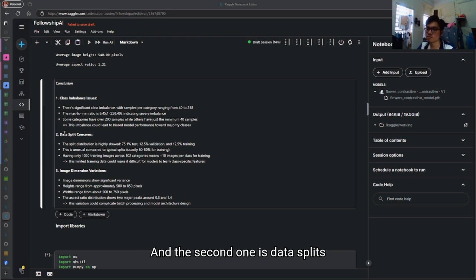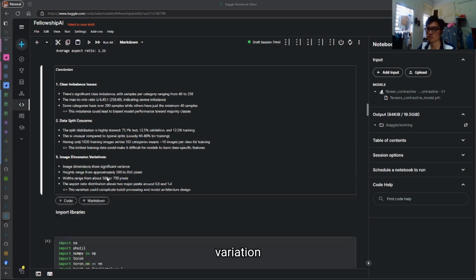And the second one is data splits, and this limited training data is difficult for a model to learn class-specific features. And the last one, I don't think it matters very much though, because all the pipelines nowadays have built-in preprocessing for images. That's the image dimension variation.